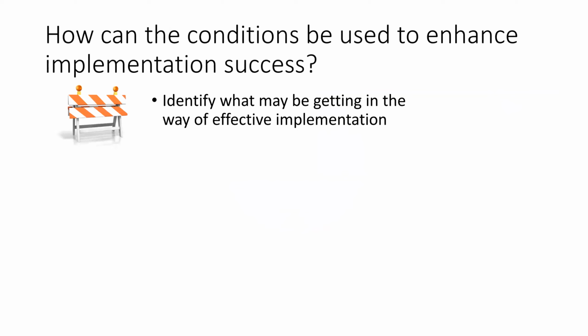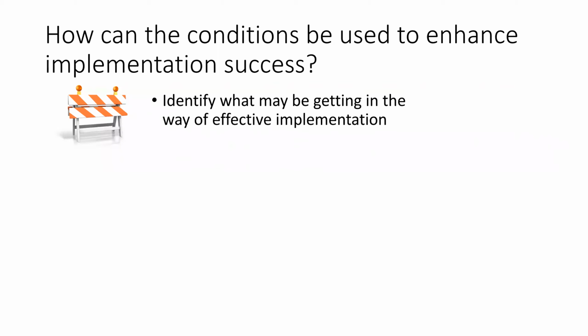The first of which is they can help you identify what may be getting in the way of effective implementation. So if you realize that, for example, maybe the dose of your strategy, that training isn't sufficient, you need more or an expanded set of trainings to actually help those caregivers and teachers be able to implement the practice more effectively.